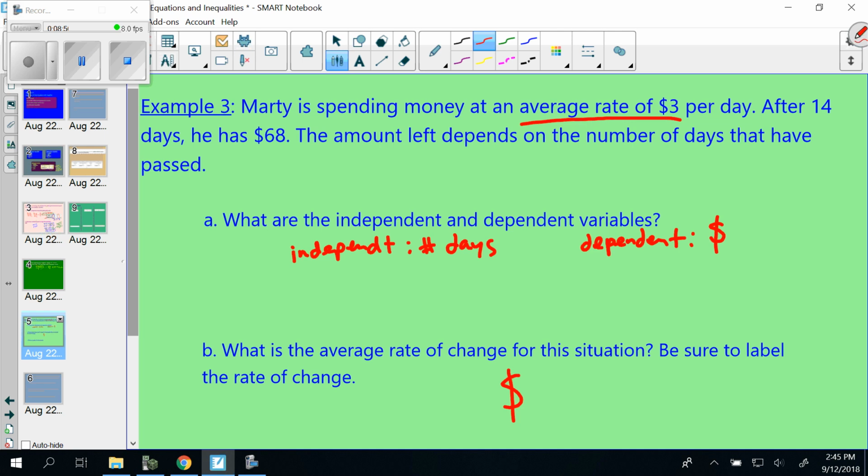It says Marty is spending money. If he's spending money, he's not putting money into his account, he's taking it out. So it looks like for this, it's decreasing $3 per day. So our average rate of change, or our slope here, would be -3. It's going down 3 each day.